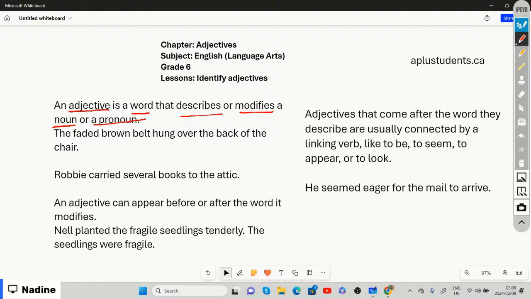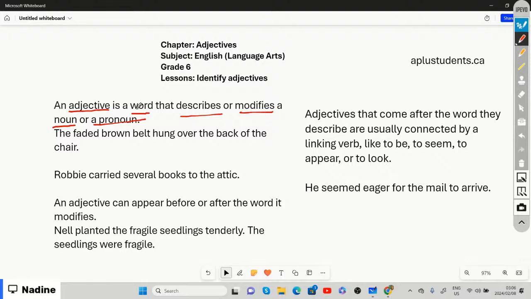And if we look at an example: the faded brown belt hung over the back of the chair.